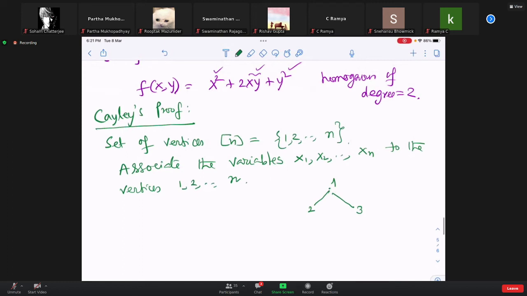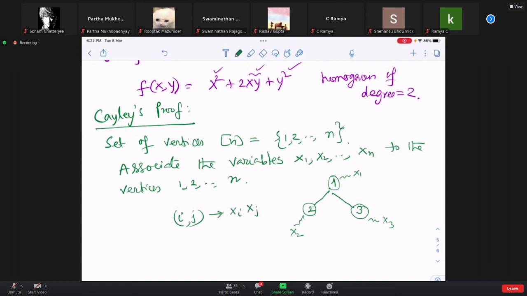I will identify this vertex 1 with my favorite variable x1, vertex 2 with the variable x2, and vertex 3 with x3. What do I mean by identify? I am coming to that. Now, whenever there is an edge ij, I will associate the product xi xj with it.